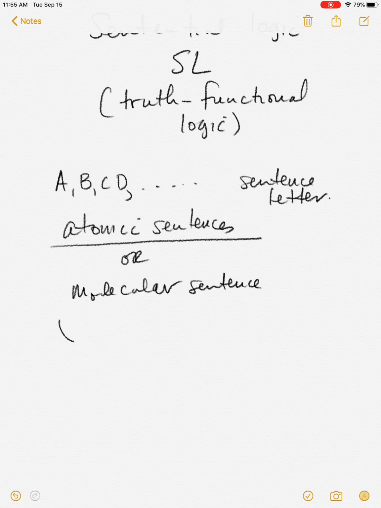And just to review, the 5 connectives are the ampersand, the wedge, the tilde, the horseshoe, and the triple bar.